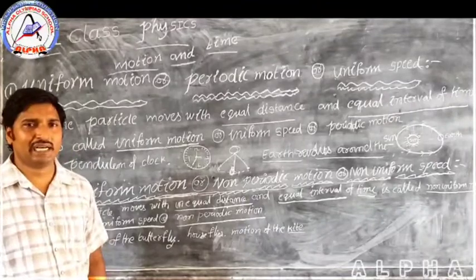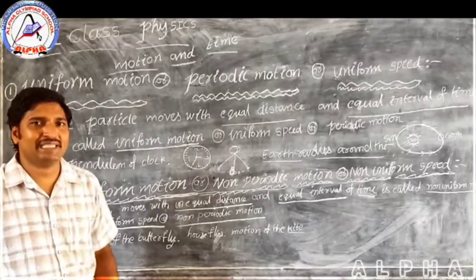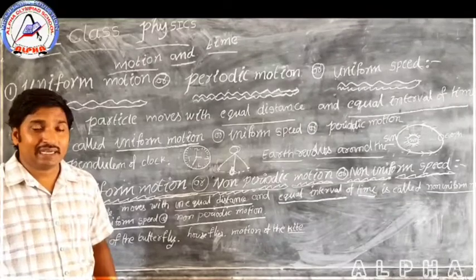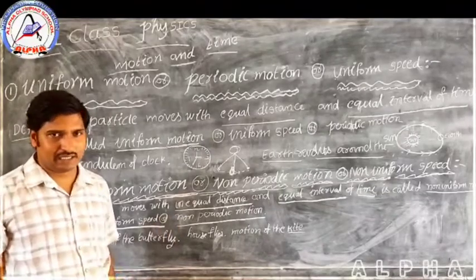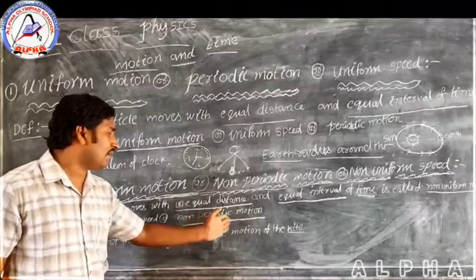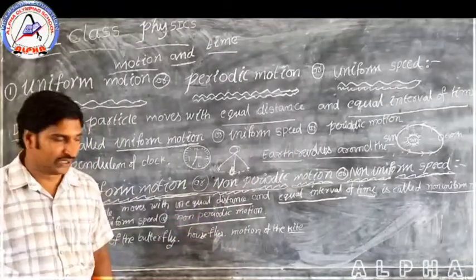Here the motion is not the same. That means the particle travels unequal distances in equal intervals of time. That is called non-periodic motion.